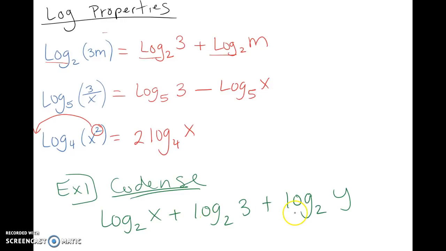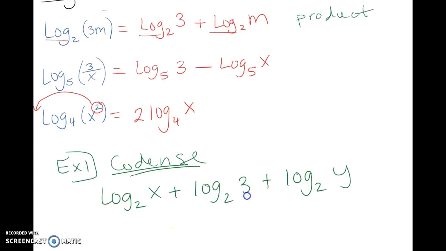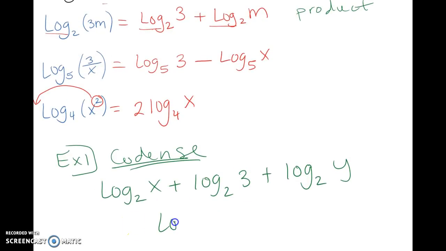I have 3 logs. They're all the same base, so I can use the product property and multiply the x, the 3, and the y. So I'm going to get log base 2 of 3xy.